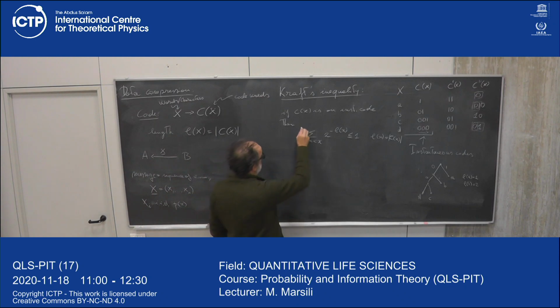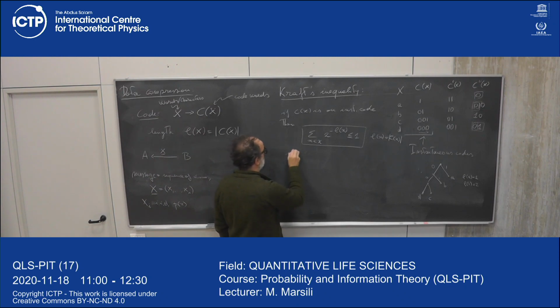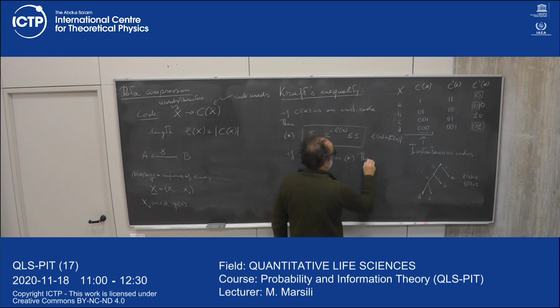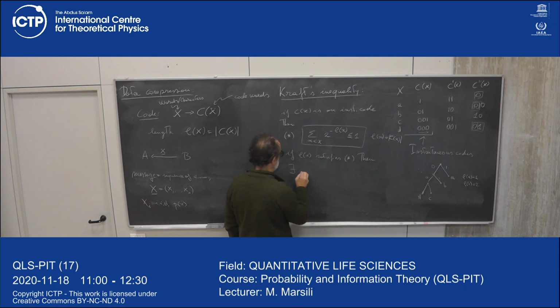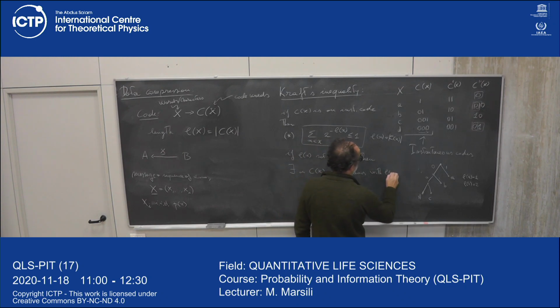So this is a general inequality that instantaneous codes satisfy, and the converse is also true: if L of x satisfies this inequality here, then there is an instantaneous code with this code length. Okay?